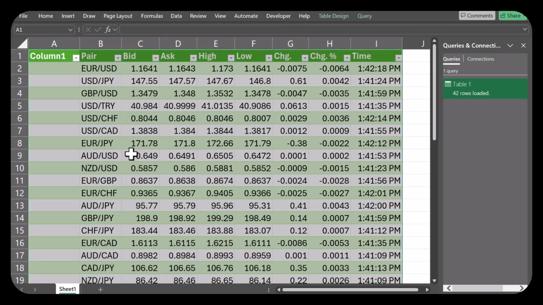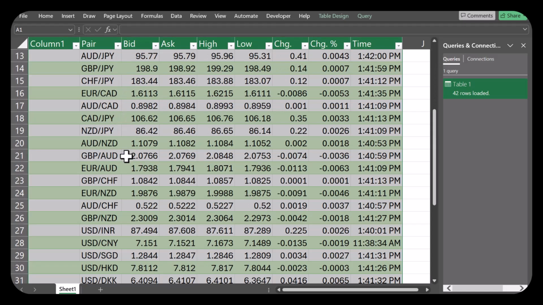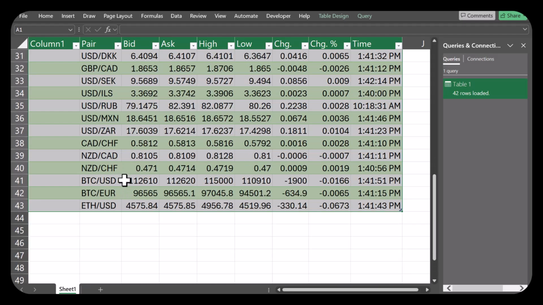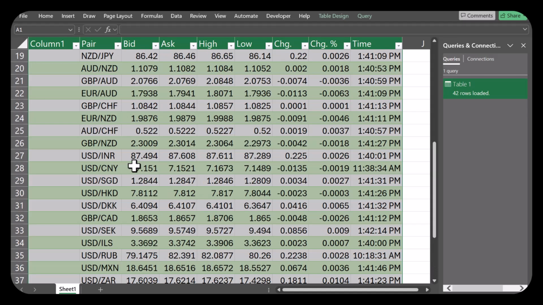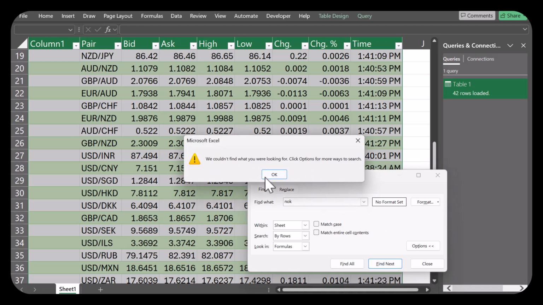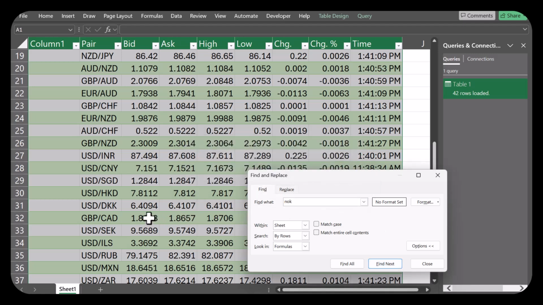Let's think about, man, let's see if NOK is here. Well, let's do Swedish krona.